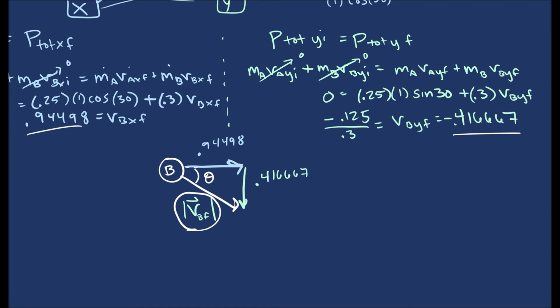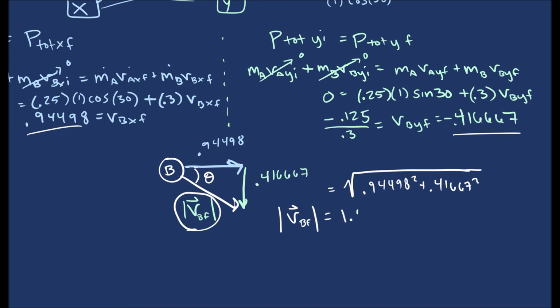So, how do we find the magnitude? Well, we take the square root of 0.94498 squared plus 0.41667 squared, since we're solving for the actual magnitude of the velocity. And that ends up being 1.03 meters per second.